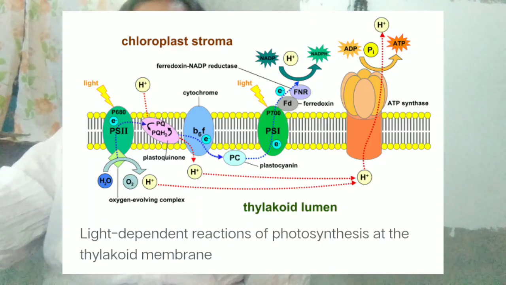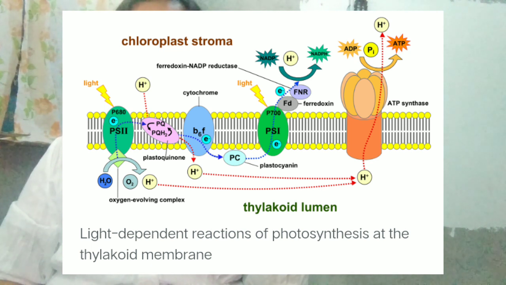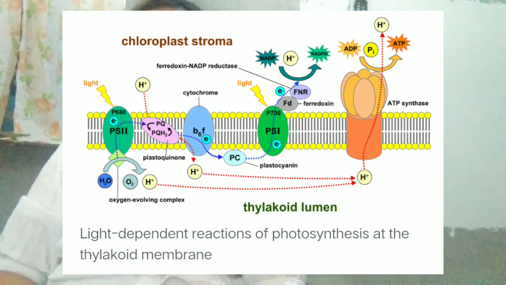Number 3. Summarize the process of light reactions and Calvin cycle. In light reactions, energy from sunlight is absorbed by the pigment chlorophyll and is converted into chemical energy in the form of electron charge carrier molecules such as NADPH and ATP.